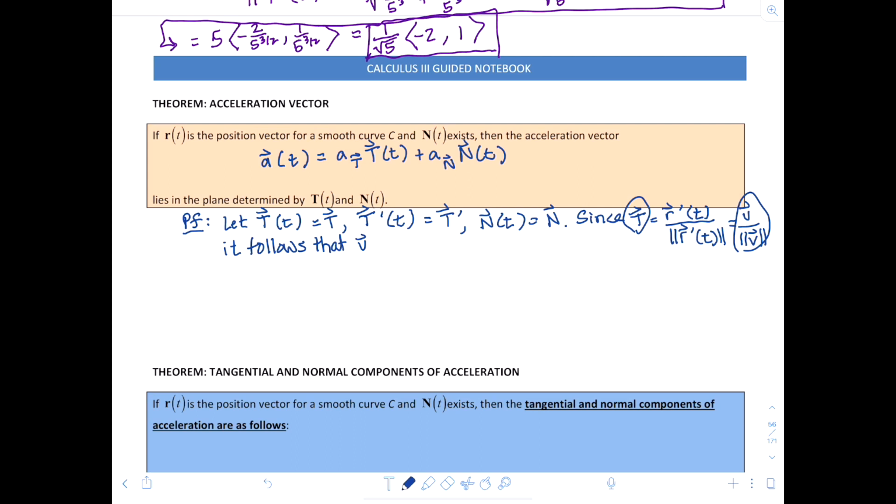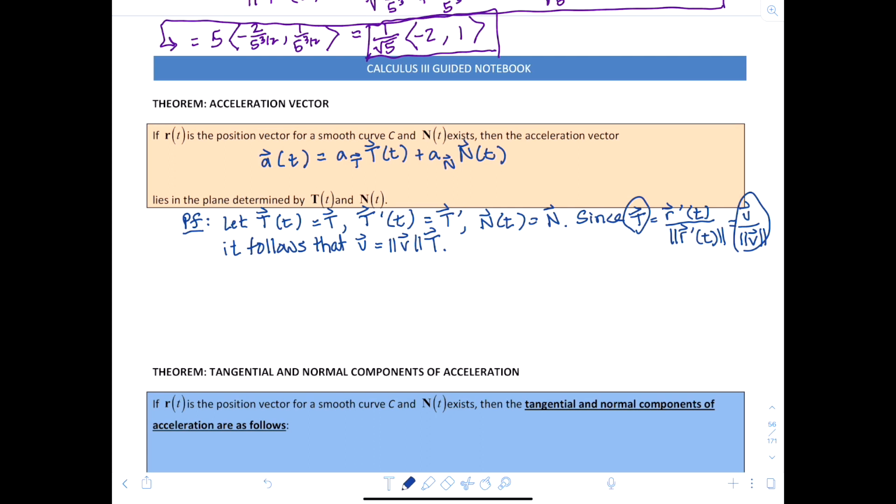We can say that v is equal to what? Good, the magnitude of v times T. Good so far? Awesome. So, by differentiating, what's going to happen? Because remember, you differentiate v to get a.